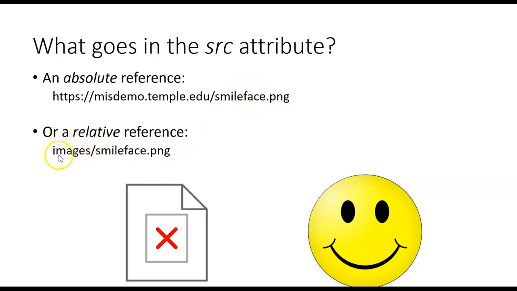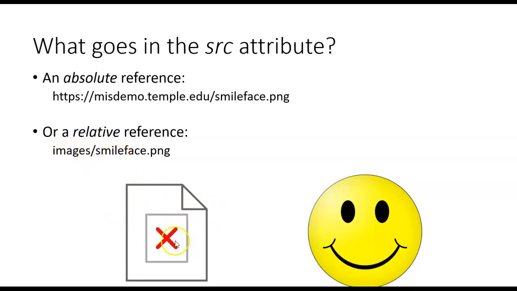When I created the images folder, that was inside of my current workspace, and I didn't need to stick anything in front of that. I didn't need to say C:users/student/desktop. No, that was a relative reference. So relative to where you are right now, find me an images folder and then find me smiley face.